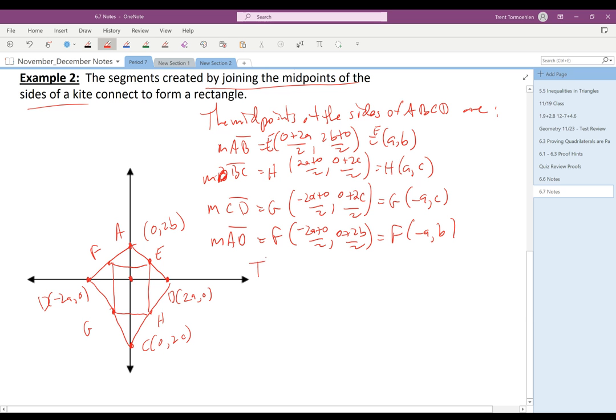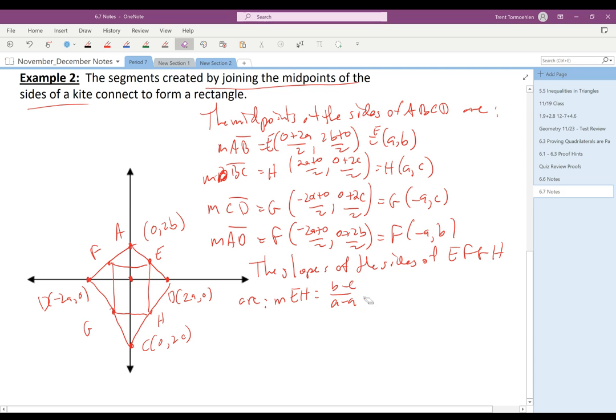So we say the slopes of the sides of E, F, G, H are, and so we'll start with EH. The slope of EH is going to equal B minus C over A minus A, right?